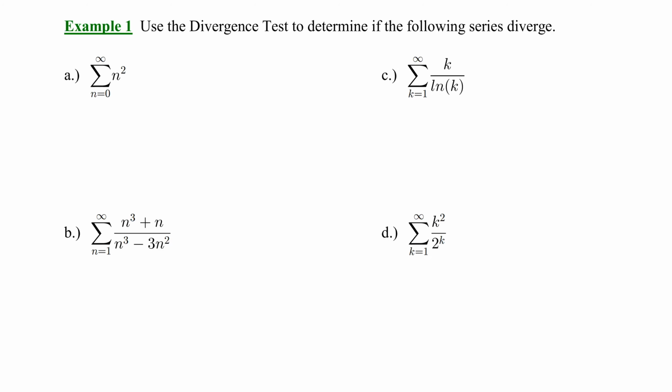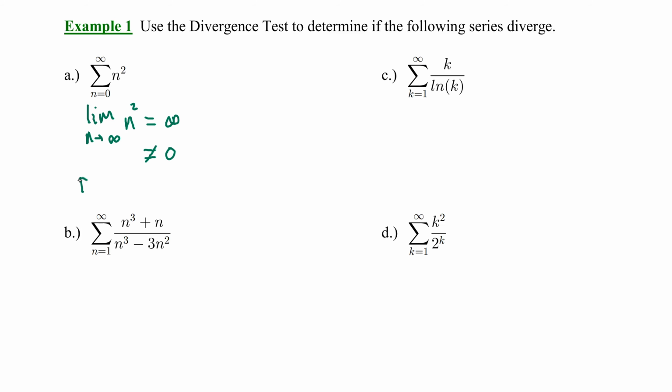So looking at example A, we have the sum from n equals 0 to infinity of n squared. So I'm going to apply the divergence test. I'm going to find the limit as n goes to infinity of the nth term formula for the series. Well, the limit as n goes to infinity of n squared is infinity. Observe this is not equal to 0.